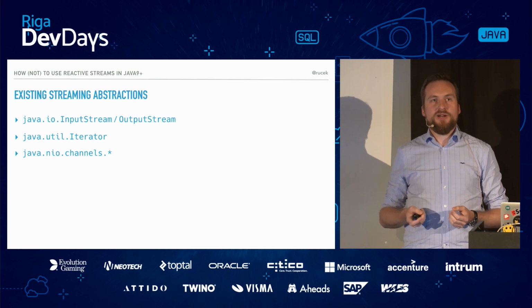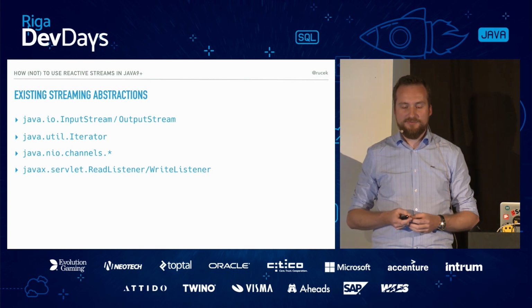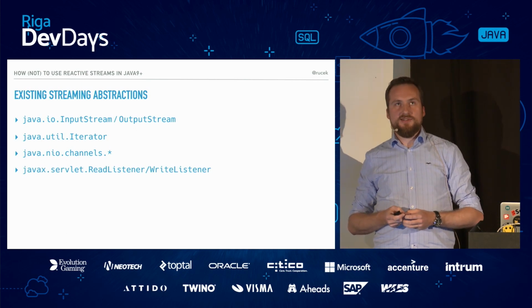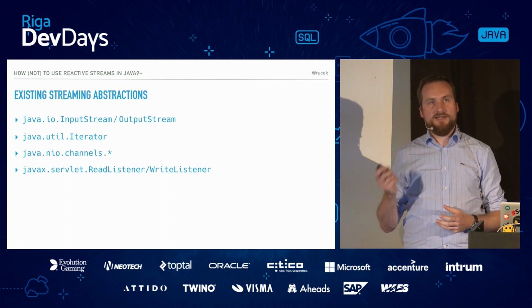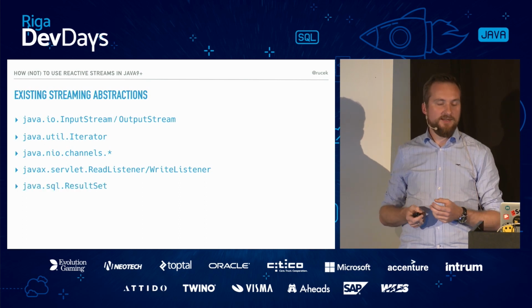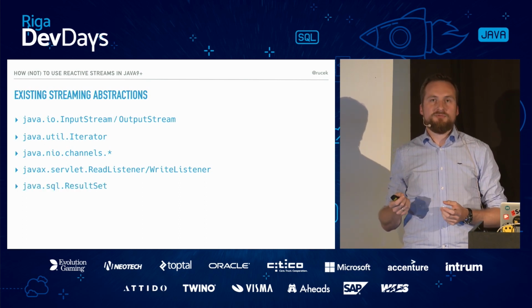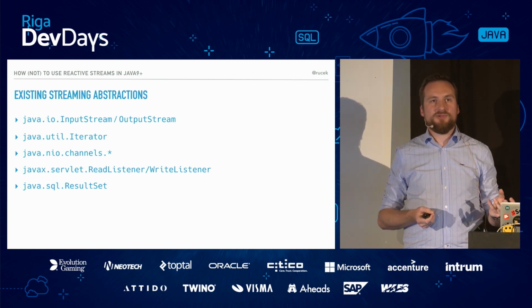We also have the new I/O with channels for accessing files, for example. In Servlet Spec 3.1, I think we have some async support coming in the form of read and write listeners. Then we have Java SQL, which has the ResultSet, and a ResultSet is usually backed by a cursor in the database.